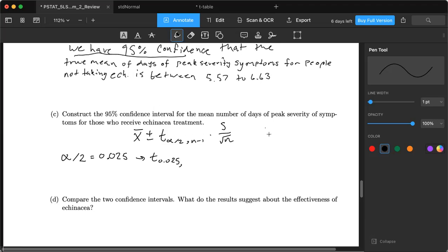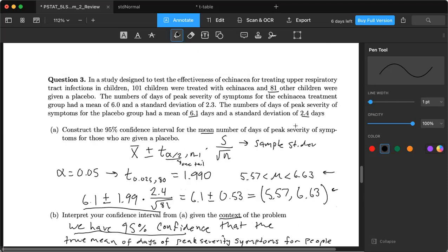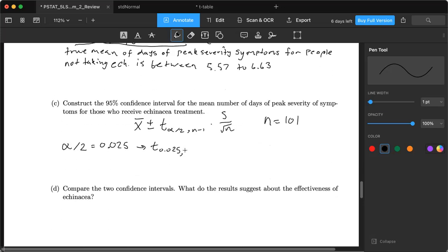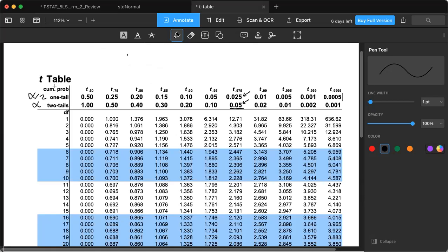In this problem, n is equal to 101. We're working with the echinacea group. So n minus 1 is 100. And then that's going to be equal to, let's go to the t table. If we choose to use alpha over 2, then I'm going to look at the one tail area.